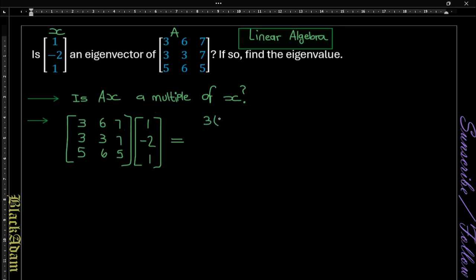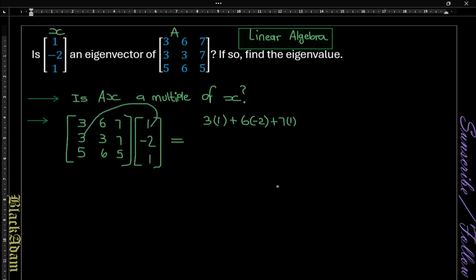So let's do it: 3 times 1, plus 6 times negative 2, plus 7 times 1. Then 3 times 1, plus 3 times negative 2, plus 7 times 1.